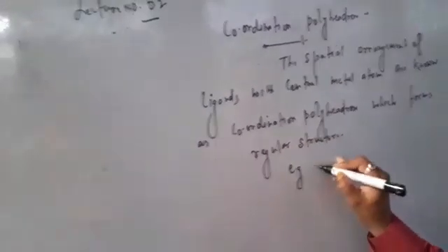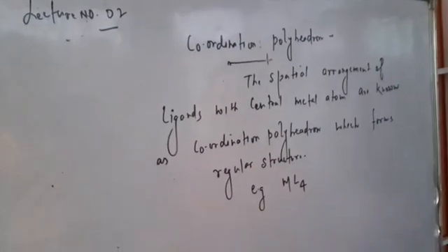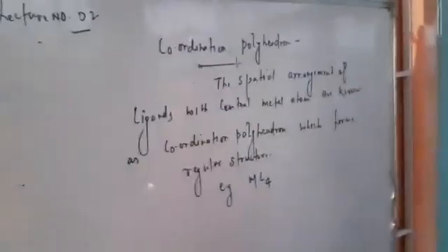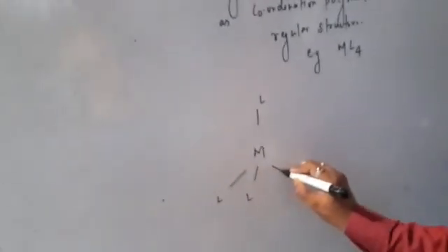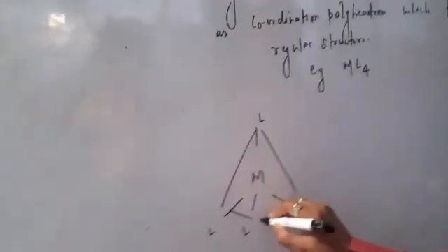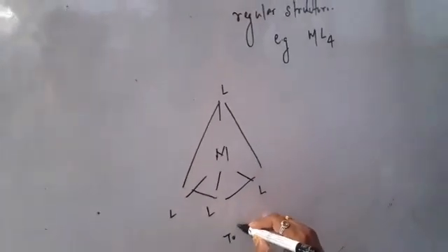Coordination polyhedra are always studied in spatial arrangement, which means 3-dimensional space. Like the example of ML4. If the structure is tetrahedral, we can write it this way. This is the structure of tetrahedral.